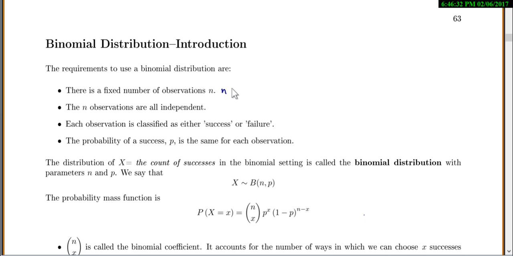So I would usually abbreviate this as you should have n trials. And your n observations all have to be independent. Independent, again, meaning that they can't affect each other.